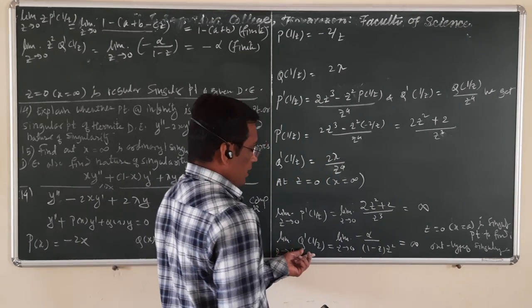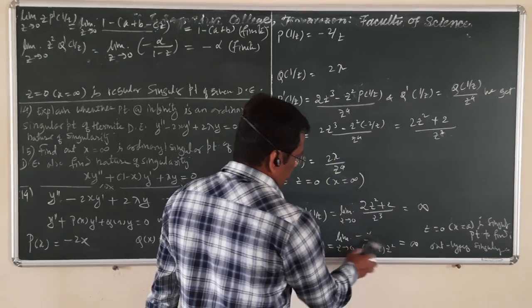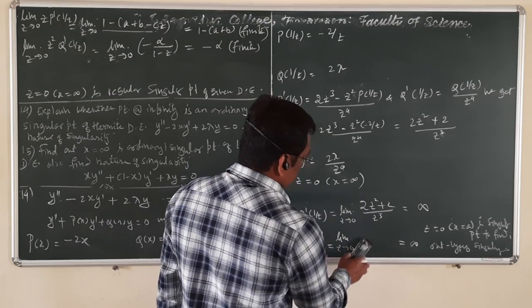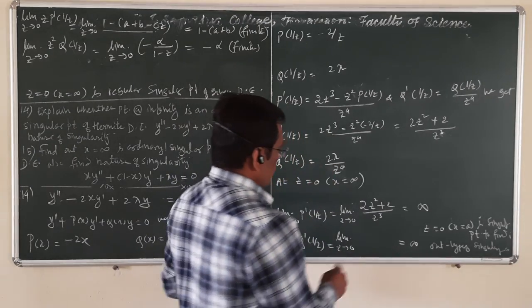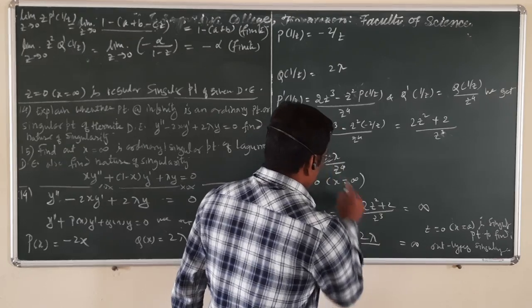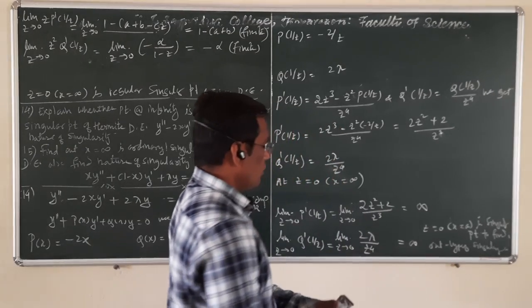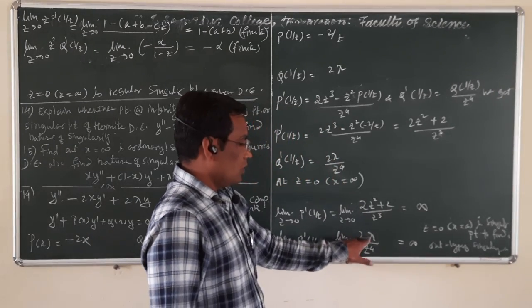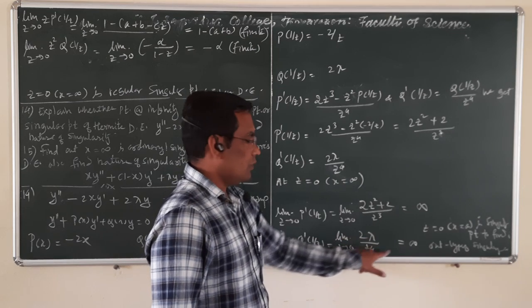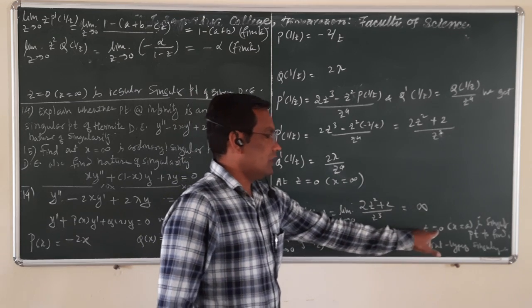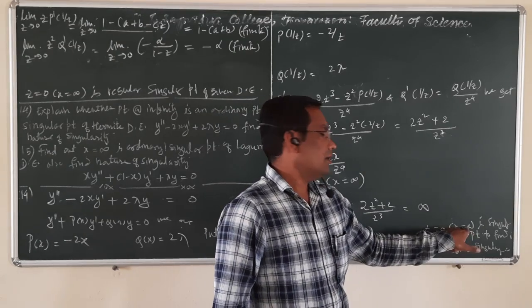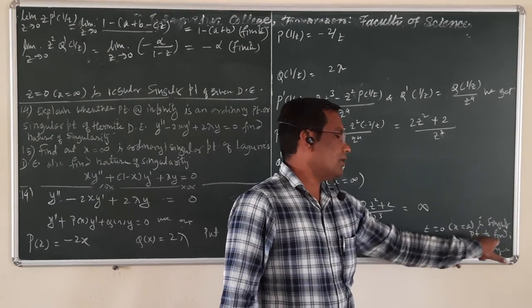And limit of q dash is what here? 2 lambda divided by z raised to 4. If you put value of z is equal to 0, so 2 lambda divided by 0, which is again infinity. So therefore z is equal to 0 or x is equal to infinity is singular point.